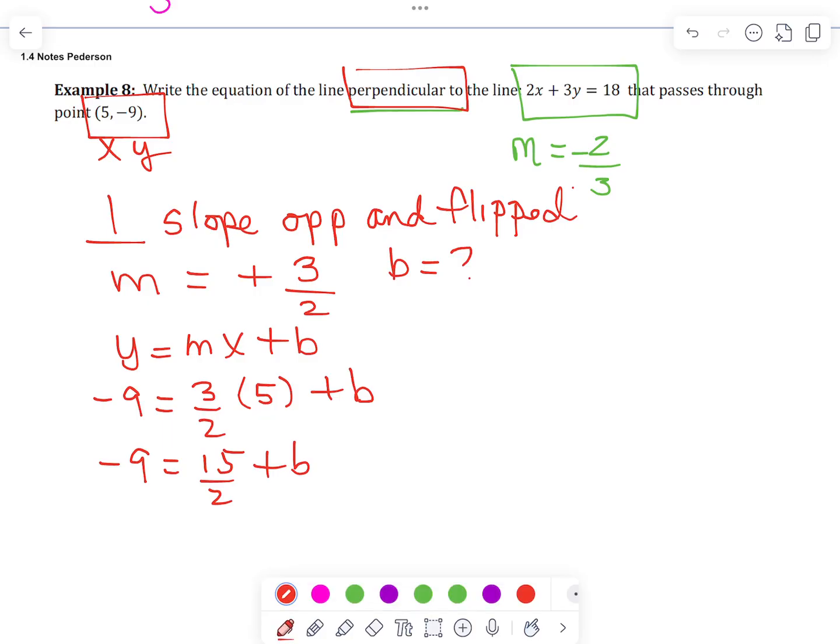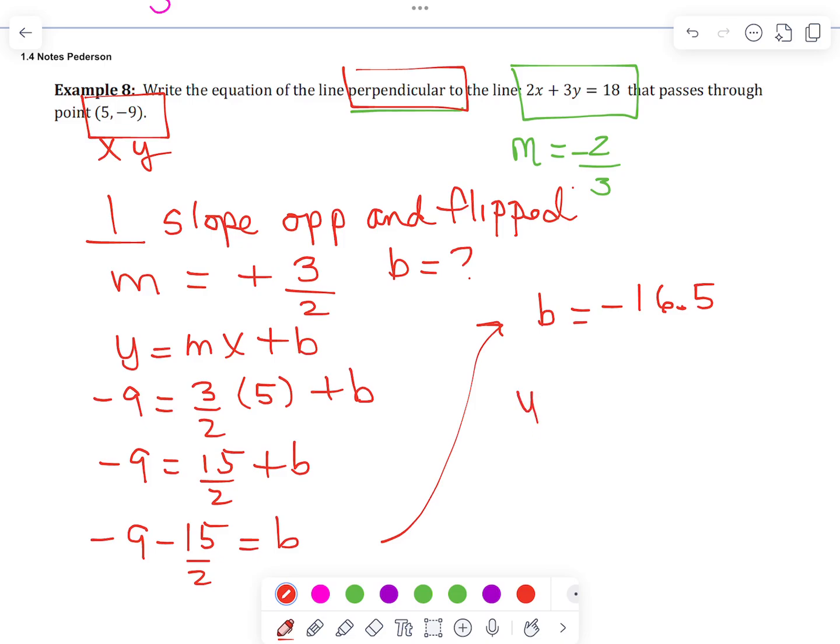And then we subtract 15/2 from both sides, and we get b to be -16.5. So the equation for the line that runs perpendicular to the green one is y equals 3/2 x minus 16.5.